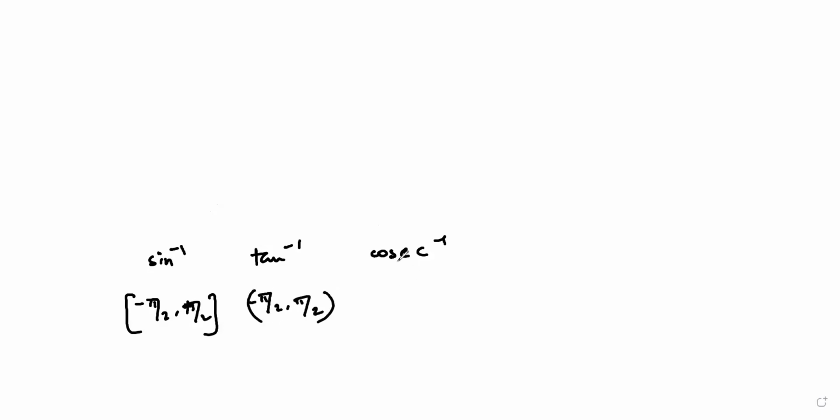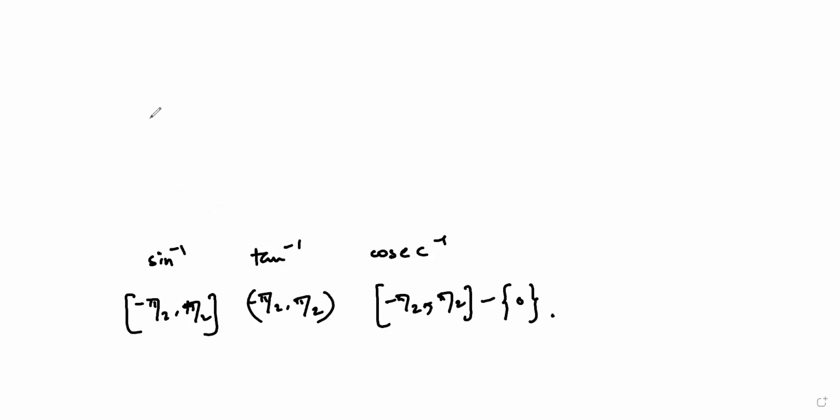What you can do is sine, tan, cosecant. These are all brothers. So this is minus pi by 2 to pi by 2. This is minus pi by 2 to pi by 2 in open interval. Cosecant inverse is minus pi by 2 to pi by 2 minus 0. All are one batch.